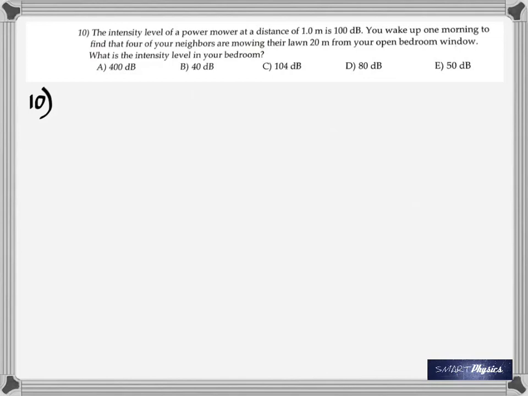All right, and the last one: the intensity level of a power mower at a distance of 1 meter is 100 decibels. You wake up one morning to find that 4 of your neighbors, too bad, are mowing the lawn 20 meters from your open bedroom window. Now, notice that both the distance and the number of lawn mowers have changed. So, this is the intensity formula, 10 log I by I naught, where I naught is always 10 to the negative 12.